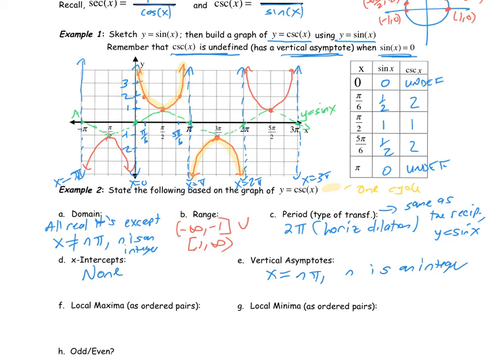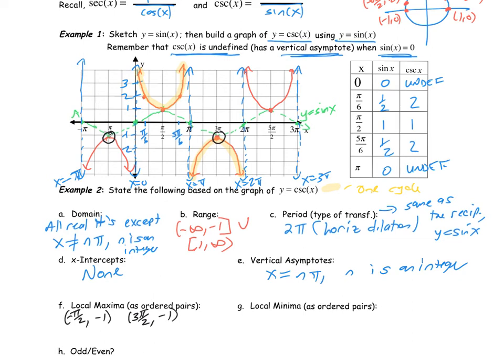Okay, local maxima points. So local maxima are the highest points in an interval. So local maxima points, I'm circling these. We have 2 on our graph. So I'm going to write down the ordered pairs, and then we need to express this in a general expression. So the local maxima we see are -pi over 2, -1, and then we have 3 pi over 2, -1.